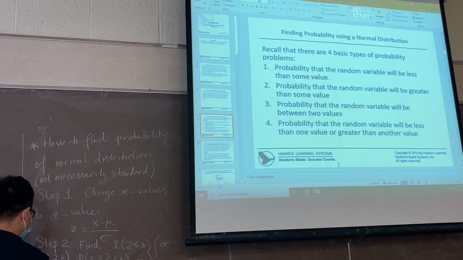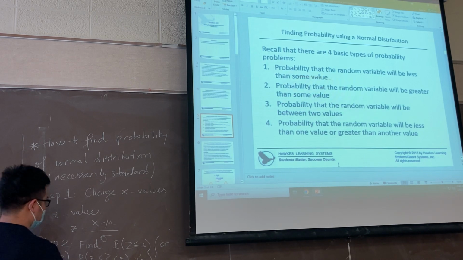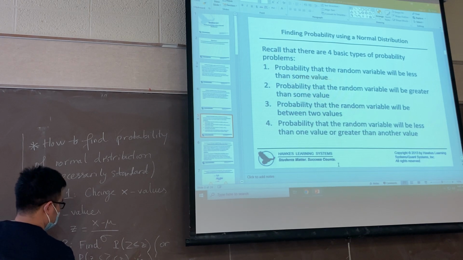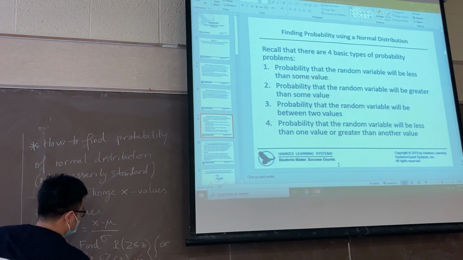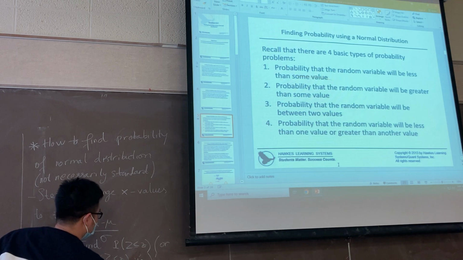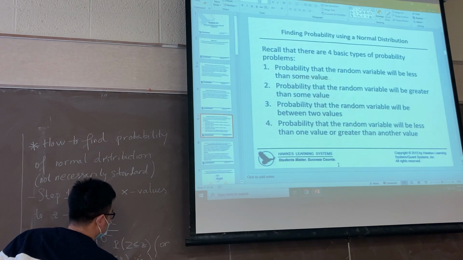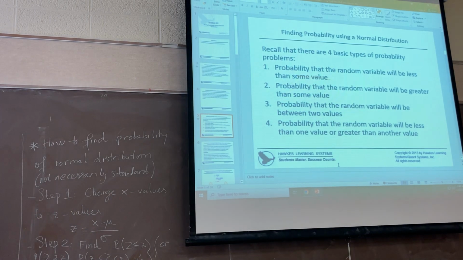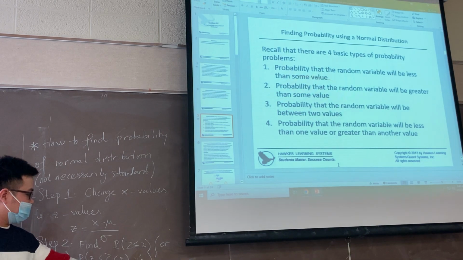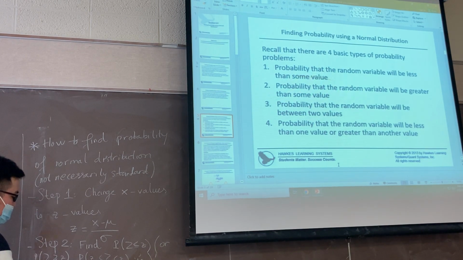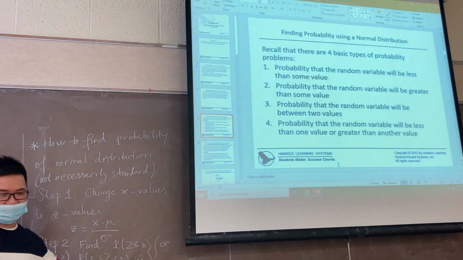And step 3, we will use the formula like this: the probability of X less than x is approximately equal to the probability of Z less than z. So if you find the probability of Z less than z, you can conclude that the probability of X less than x is approximately equal to this value.